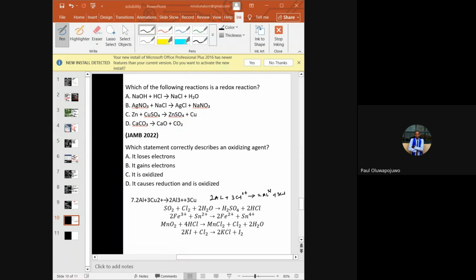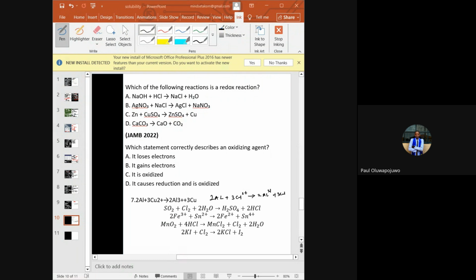So iron is gaining electrons, so it's reduced. Then tin loses electrons, so it's oxidized. So iron is the oxidizing agent. Iron gains one electron, and tin loses two electrons. So how do you balance it?